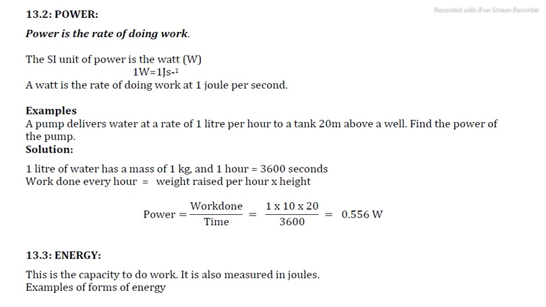So what we need to know about power is, one, we must know the definition of power. We must know the formula for finding power. We also must know the SI units of power. Sometimes we are given power in kilowatts.